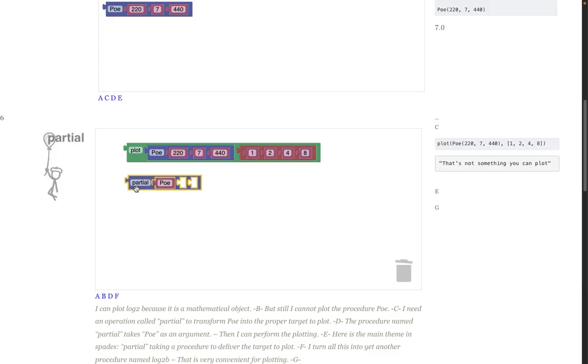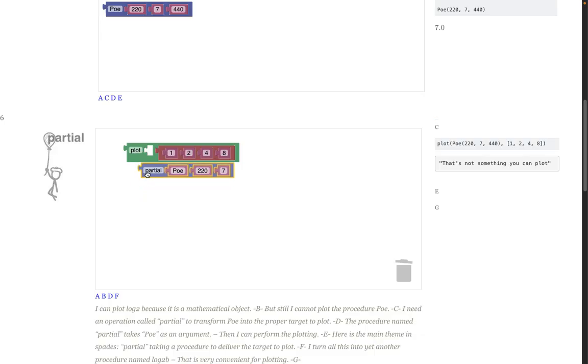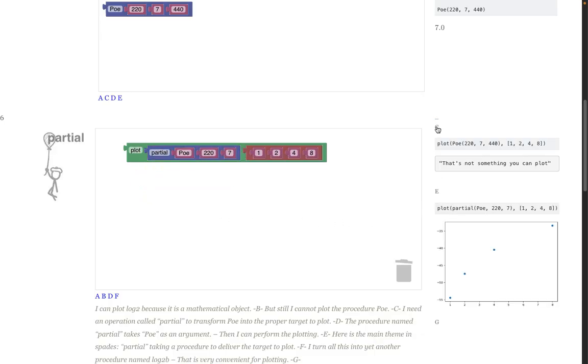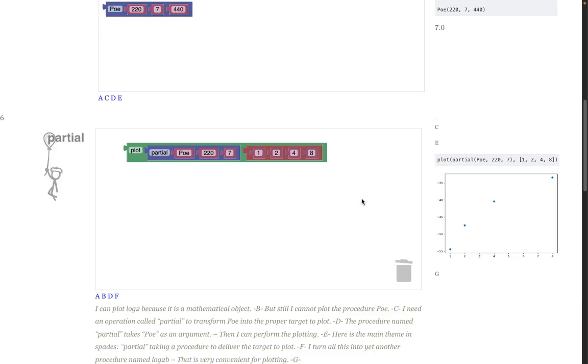The procedure named partial takes PO as an argument. Then I can perform the plotting. Here is the main theme in spades. Partial taking a procedure to deliver the target to plot.